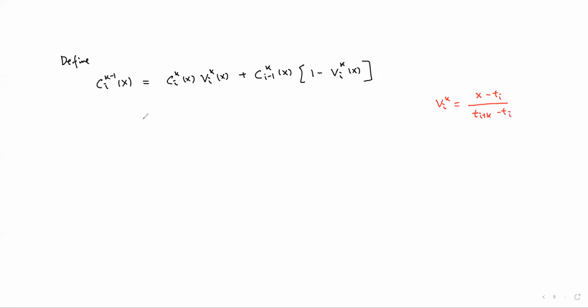Then I plug in the definition for V_{i,k} and simplify the expression.